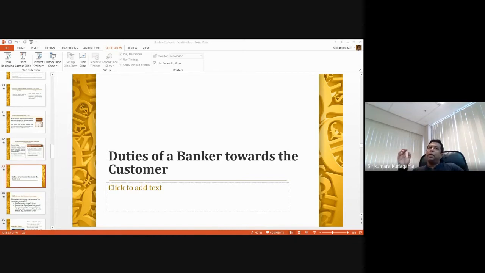The exception is that if the customer has an approved OD facility, then the customer may draw even beyond the limit of money available in his account and even in instances where money is not really available. But other than that, the banker has a duty to honor the checks written by the customer only if the customer has a credit balance, a positive balance in his account.